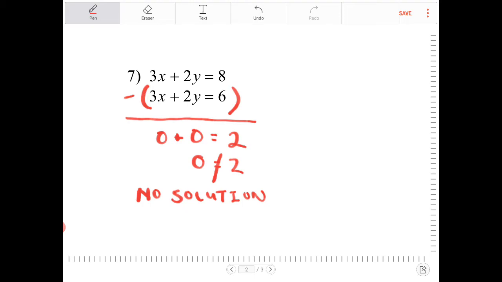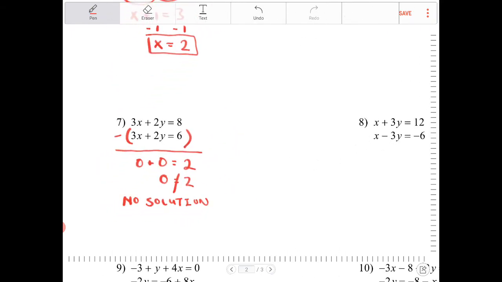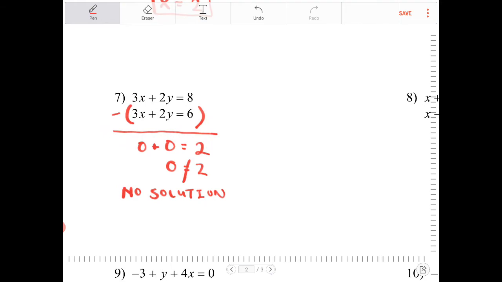So this is an algebraic interpretation of what took place in question 3 from before. Why is it no solution? Well, if we try to find out the slope of this equation here, I'll subtract 3x from both sides.